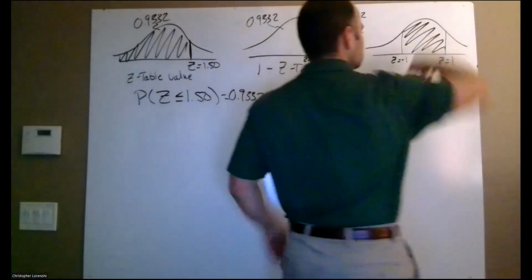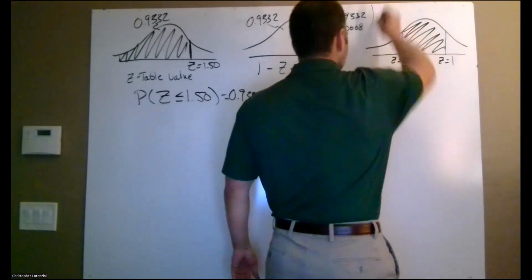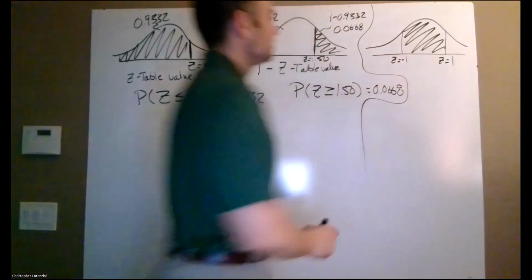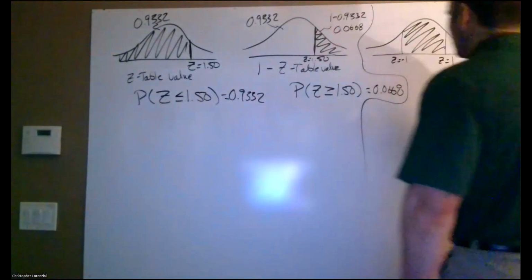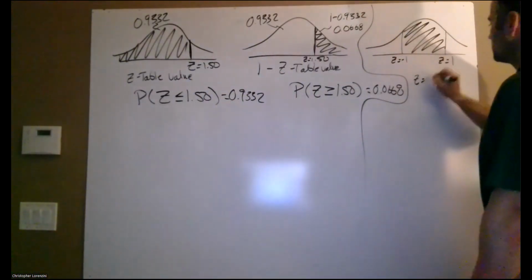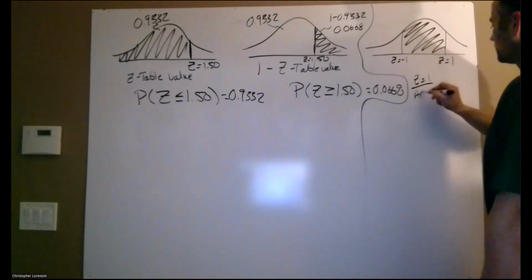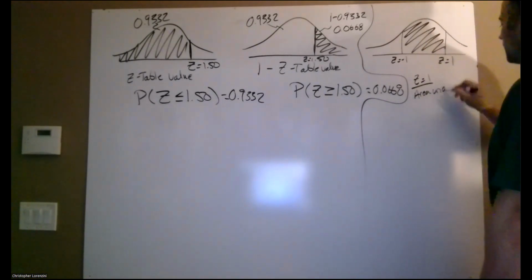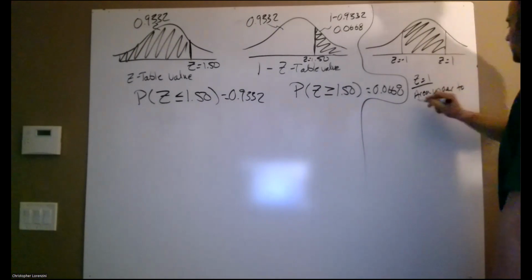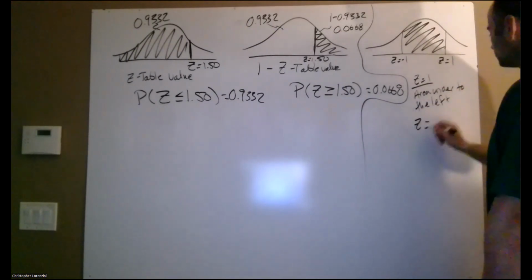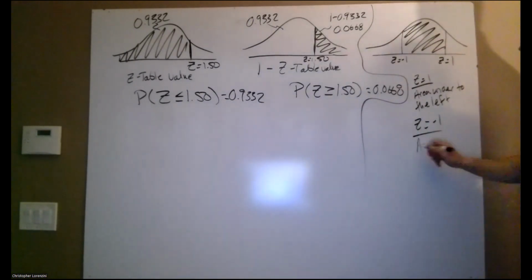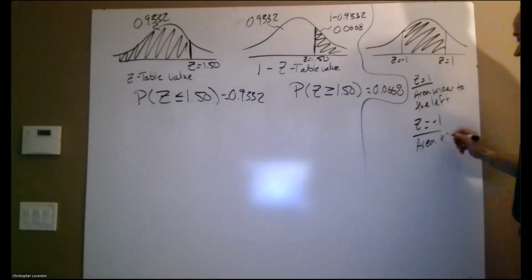So this is the region I'm taking a look at. Here's what I do. First, for z equals 1, I want to find the area under the curve to the left. For z equals -1, I want to do the same thing.